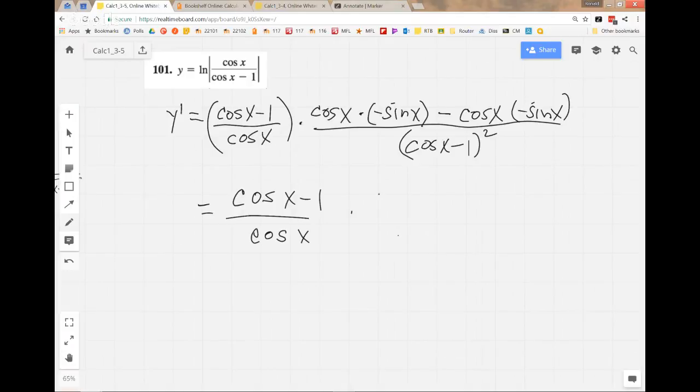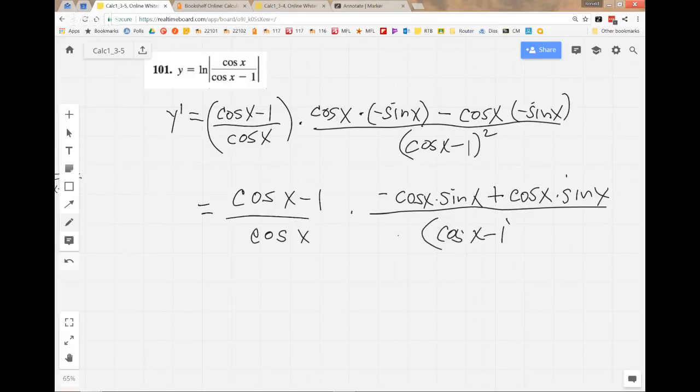Here we have negative cosine sine, minus, plus, because a negative times a negative is a plus, cosine sine, over. So we've got these two numerators wipe each other out, don't they?